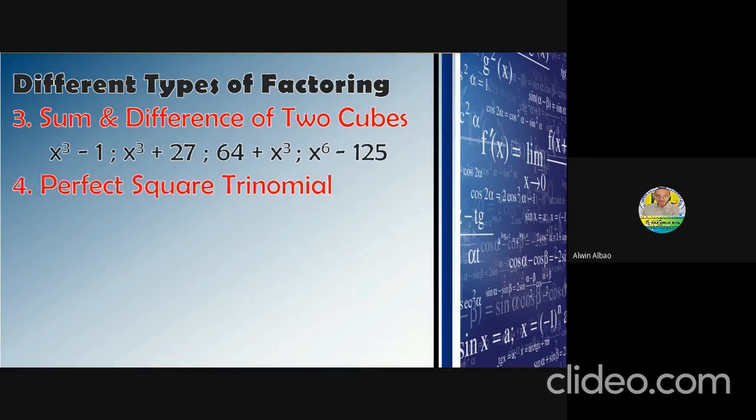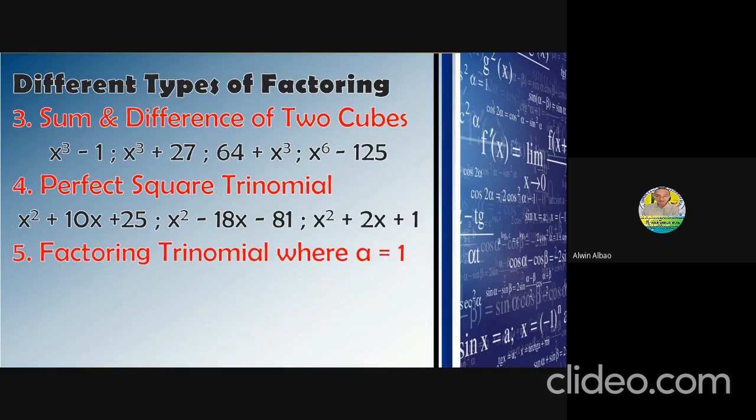Next, number 4, perfect square trinomial. X squared plus 10x plus 25, x squared minus 18x plus 81, x squared plus 2x plus 1. So kung mapapansin natin, yung first term natin tsaka yung last term natin is a perfect square. Next, number 5, factoring trinomial where a is equal to 1.